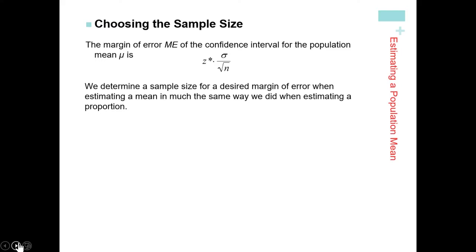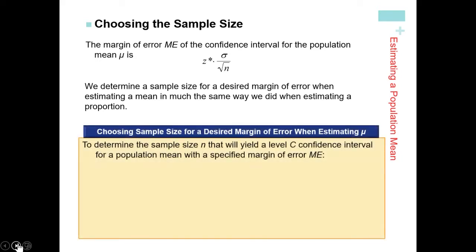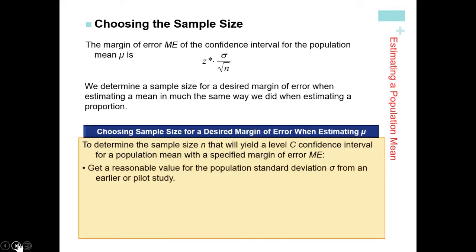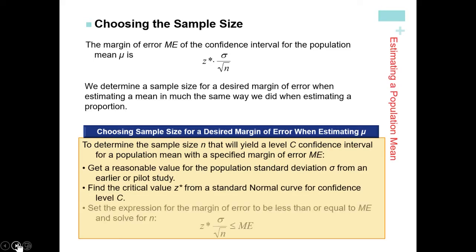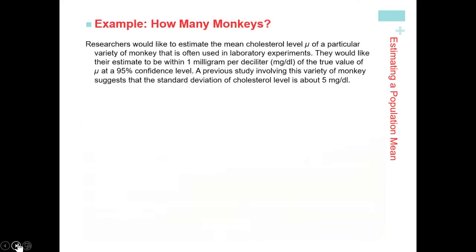Okay? So now we're going to do a similar example to the one we did before, but now with means, where we need to pick a sample size based on the margin of error we want. So for example, I'll give you a minute to read this example.